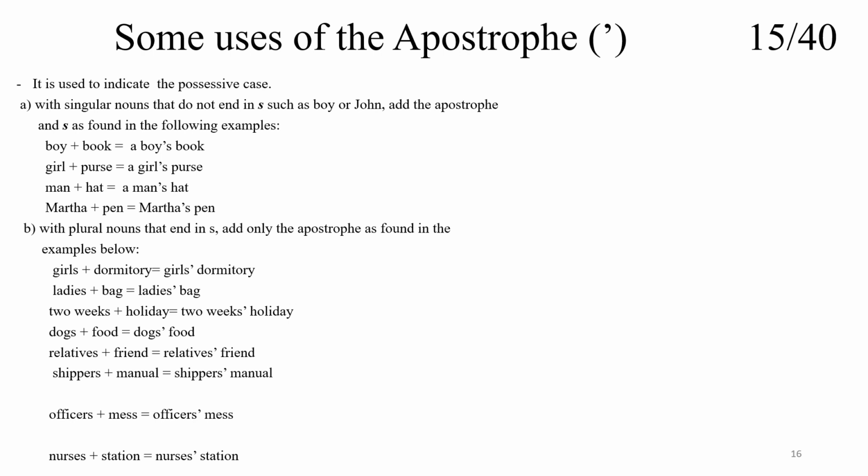It doesn't end in S. So if I want to say that this heart belongs to that man, all that I will do is that I will need my apostrophe and S after the man. So I'll get a man's heart. Martha and pen. Martha's pen, right? We need the apostrophe and then S.